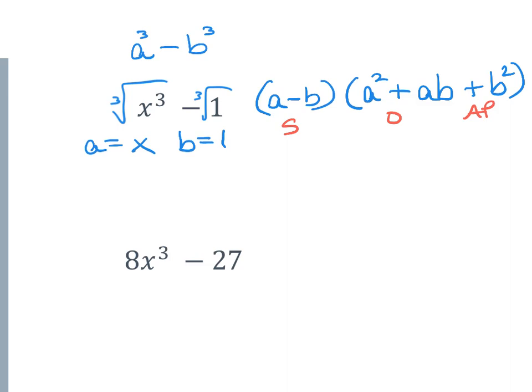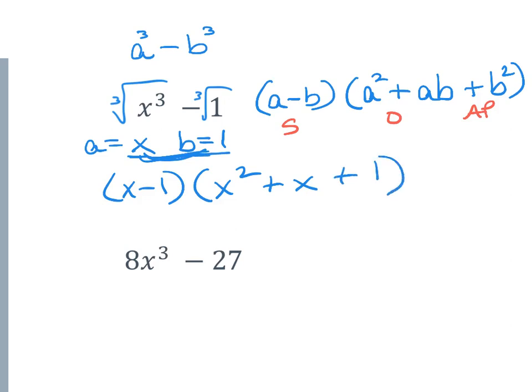My A is x minus 1. I square the A, so it becomes x squared. I multiply A and B for the middle term, and then I square the B for the last term. Whenever you factor these cubes, this last part won't be able to be factored anymore. So once you apply it to the pattern, you're done.